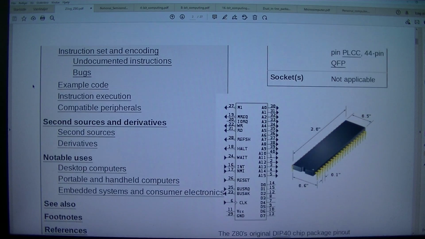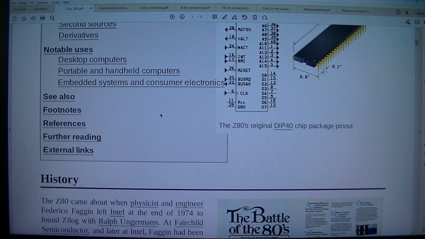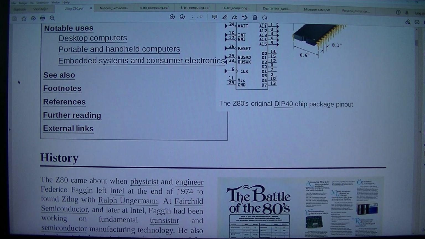Instruction set and encoding, undocumented instructions, bugs, example code, instruction execution. Compatible peripherals. Second sources and derivatives: second sources, derivatives. Notable uses: desktop computers, portable and handheld computers, embedded systems and consumer electronics. See also. Footnotes. References. Further reading.